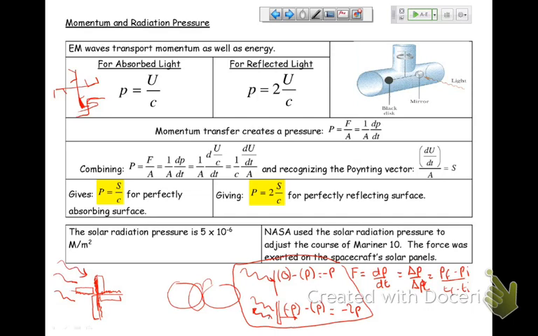So this thing should spin, and it should spin in such a way that the white side is left behind, with the black side always leading and the white side following. Does that make sense? Because it's the reflection on the white side that causes twice the force. And you go to Mosey and you buy one of these things, they're called a radiometer, and it spins.